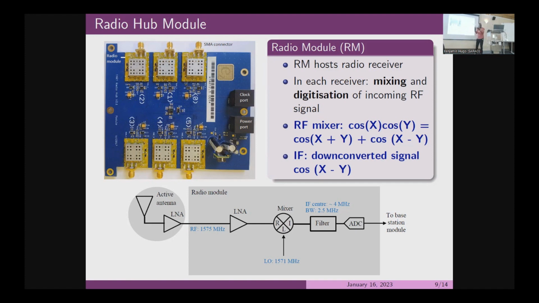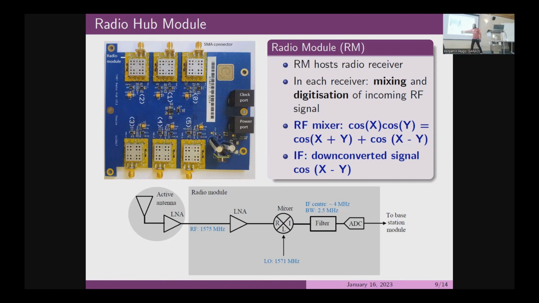If you mix those two signals, it brings down the frequency of the signal, but it does not affect the amplitude and phase of the original signal. So the information is still there. And so, the cosine identity. If you have two signals, let's say cos X as the input signal and cos Y from the oscillator, then you get these two terms, right? Cos X plus Y, but we are interested in this term. This one is what is known as the down conversion of the signal.